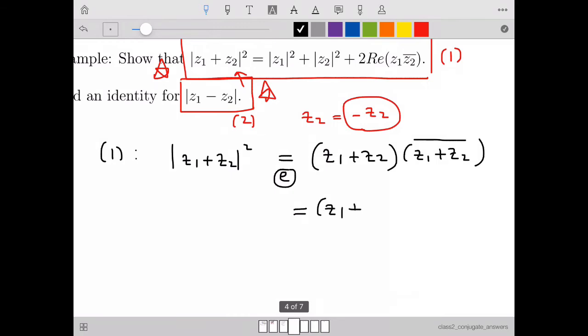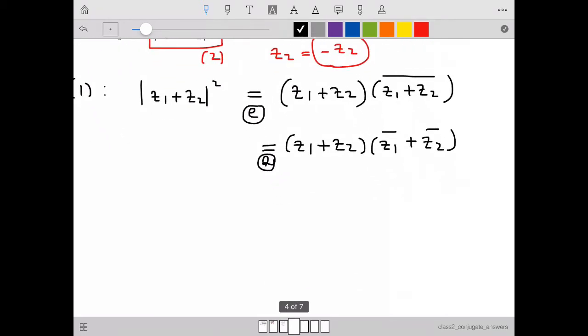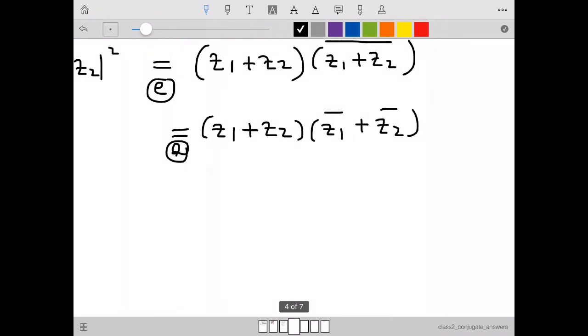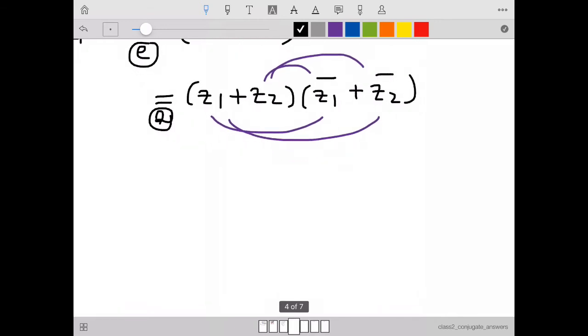And it is Z1 plus Z2 times Z1 bar plus Z2 bar by A. Then this expression means multiply Z1 by Z1 bar and so on, and the order does not matter because of commutativity of multiplication.